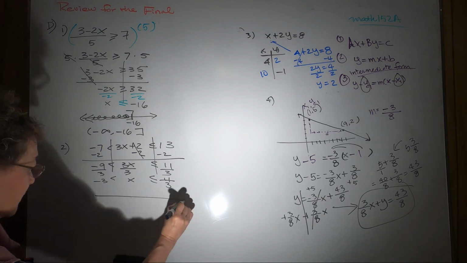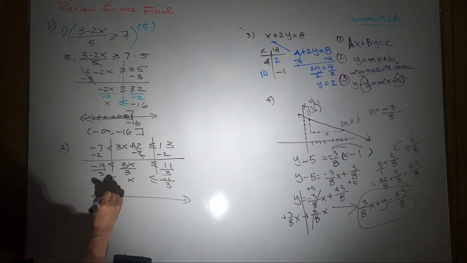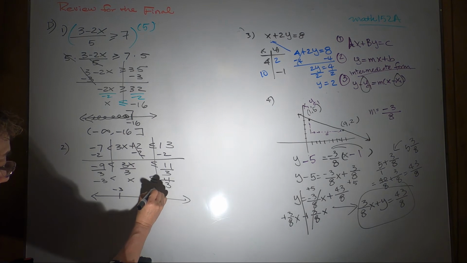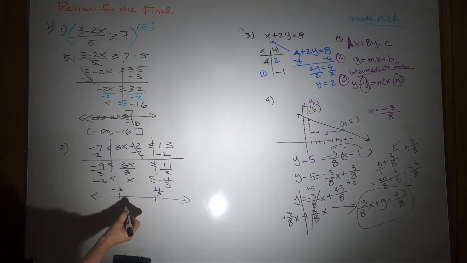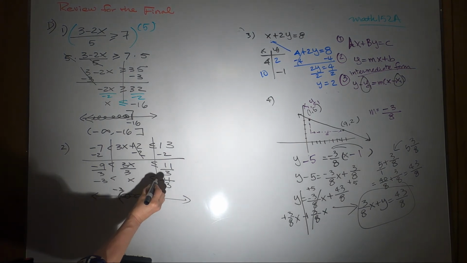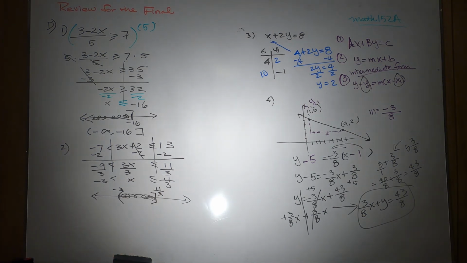Then we also graph it with the answer. That would be negative 3 here, and 11/3 here, right? x is in between, right here. This one is a parenthesis. This one you have an equal sign, so include the boundary point. Also, we will write it in interval notation.